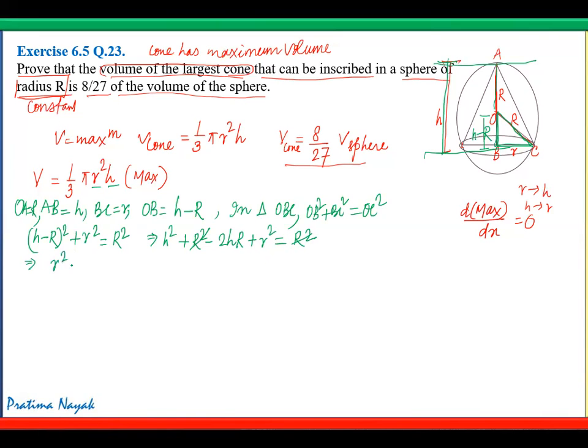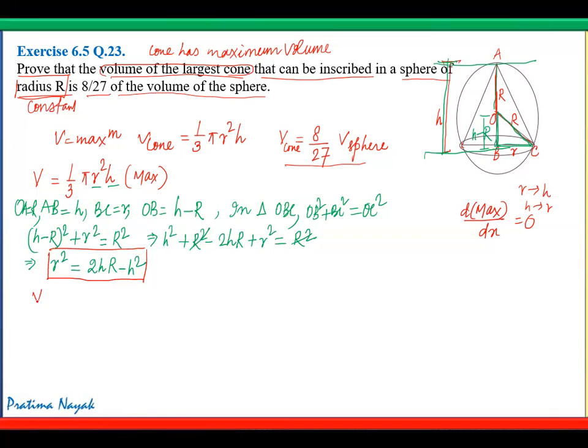I'm making r square separate. r square is equal to H square, I'll take 2HR to the right side, so this will be 2HR minus H square. Now I'll take this relation for r square and replace it in the volume.